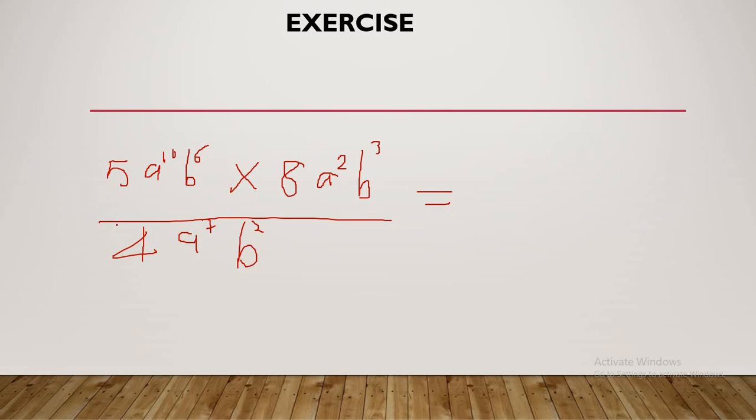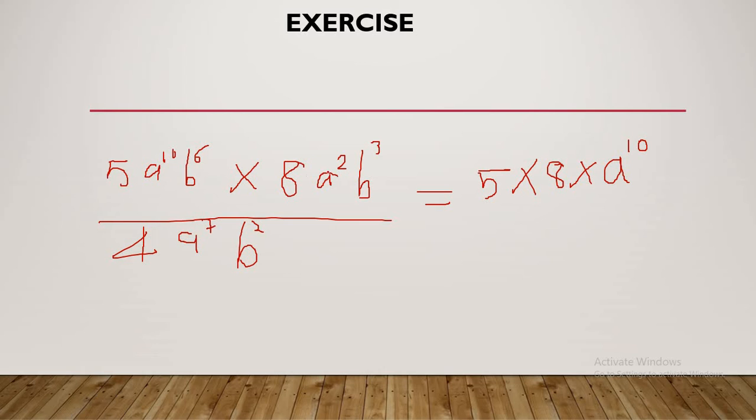In this case, let's group like terms together. In other words, we can write this like 5 times 8. These are like terms. Times a raised to the power 10. Look at this.